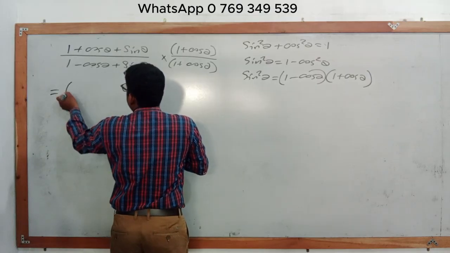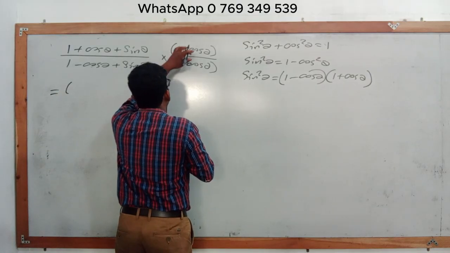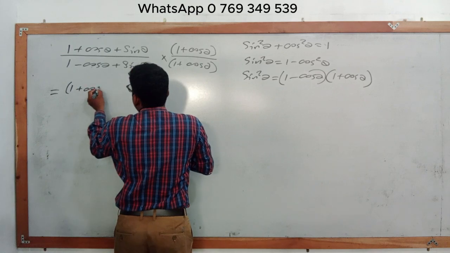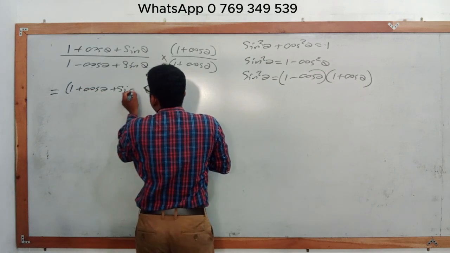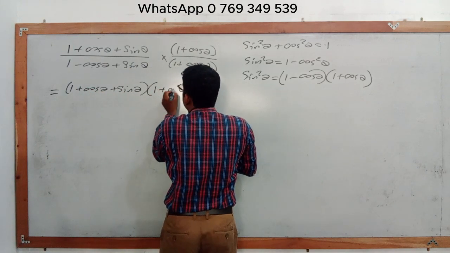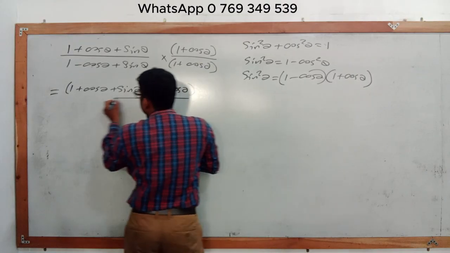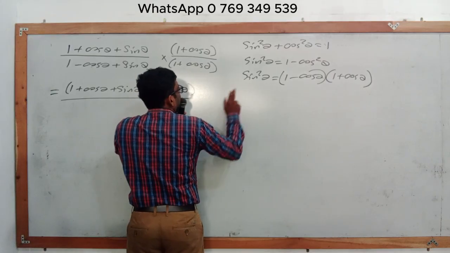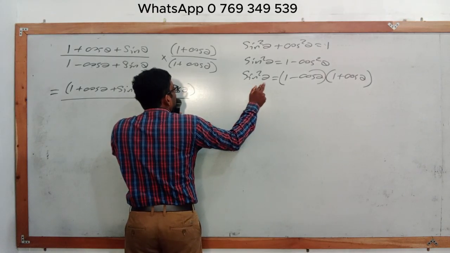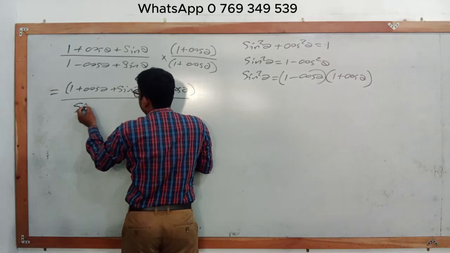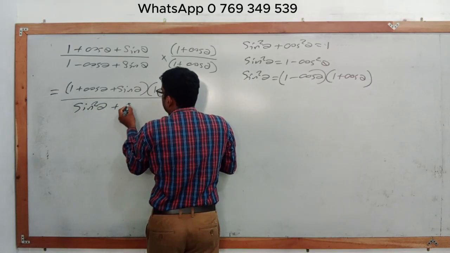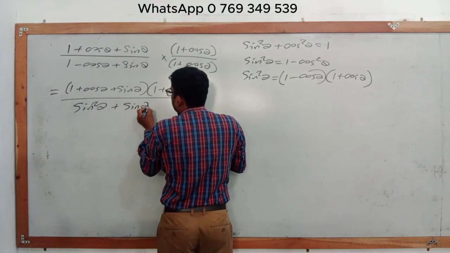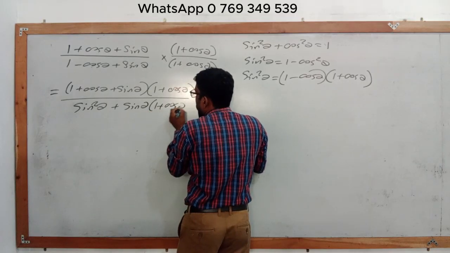This one has no change because it is part of the answer. So the numerator is 1 plus cos theta plus sin theta times 1 plus cos theta, and the denominator is 1 minus cos theta times 1 plus cos theta. Therefore we can take sin square theta, and here sin theta times 1 plus cos theta.